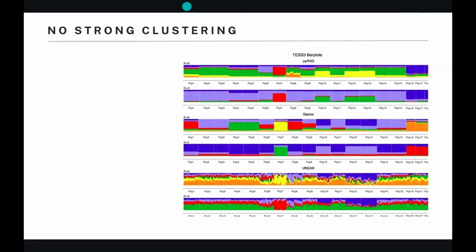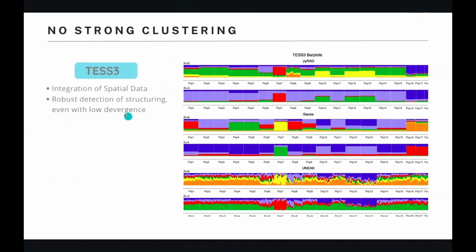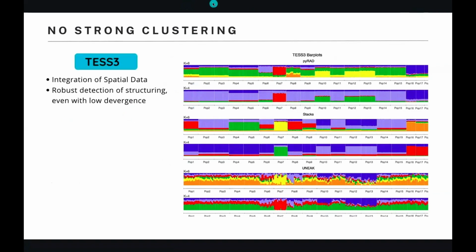So next, to further explore the structure of these populations, we used bar plots illustrating the clustering results from TESS3 for K values of 4 and 6 in order to explore additional groupings. In fact, TESS3 is known for its integration of spatial data and its robust detection of structure, even with low divergence.